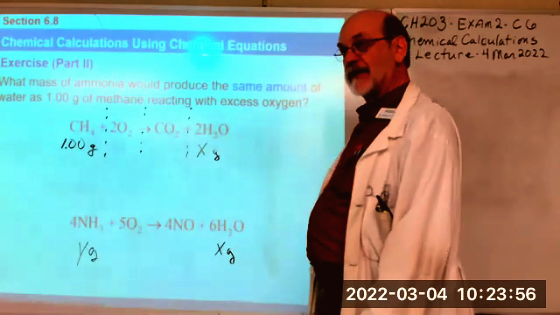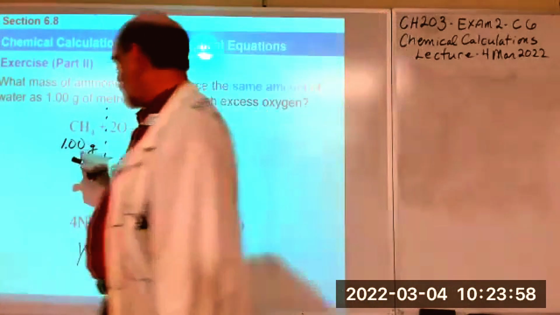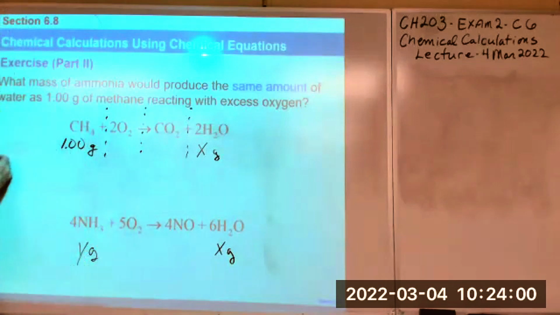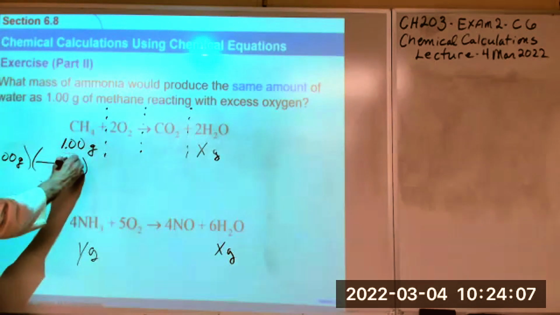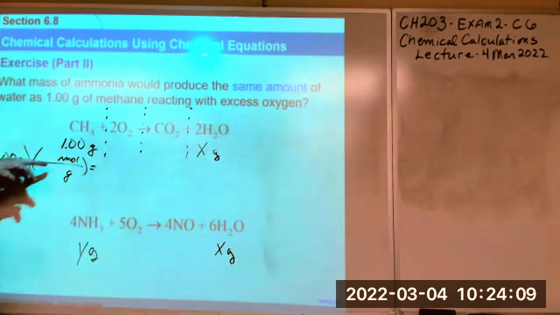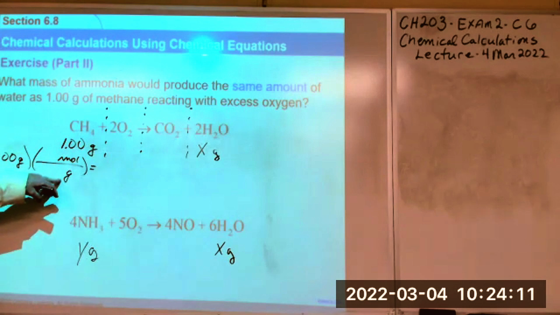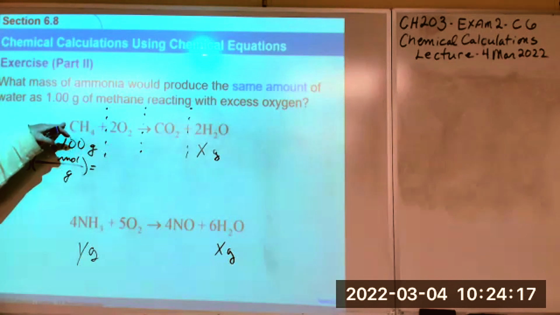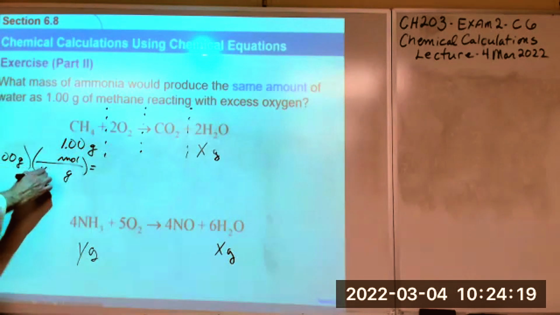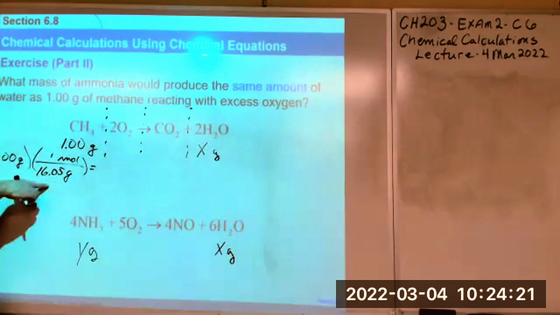You got to make moles. So we got to convert this gram to moles. 1.00 grams of methane. How many moles is that? Quotient relationship, molar mass. So that's 12.01 plus 4.04, which is 16.05. So 16.05 divided into 1 equals what?